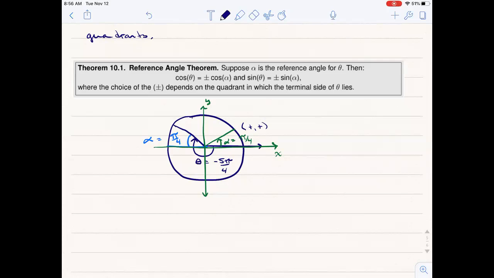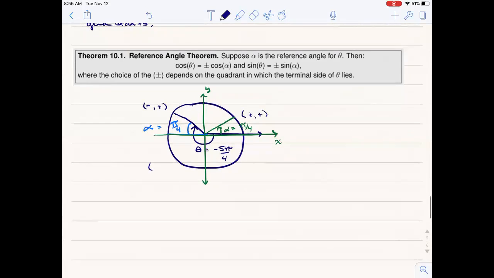If I'm down here in the third quadrant, both of those guys are going to be negative, right? X is negative and y is negative. If I'm over here in the fourth quadrant, right, now x is positive, but y is negative, right? And so for these over here, we've got a negative x and a positive y. And then over in this third quadrant, just in general, they're going to have the same values, right?